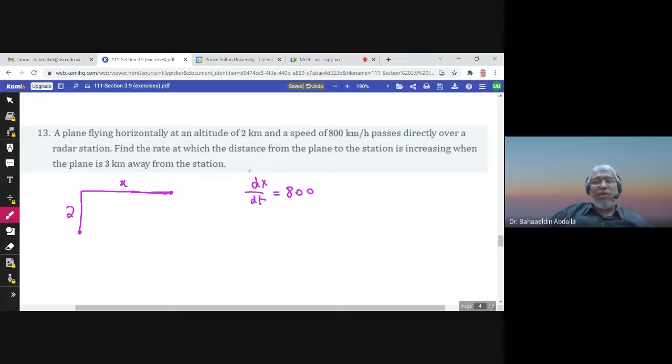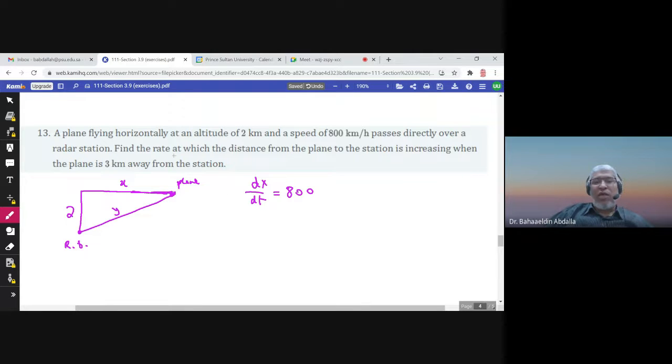Passes directly over a radar station. So this is the radar station. Find the rate at which the distance from the plane to the station. So this is the distance from the plane. Now the plane is here. And let us call the distance y.